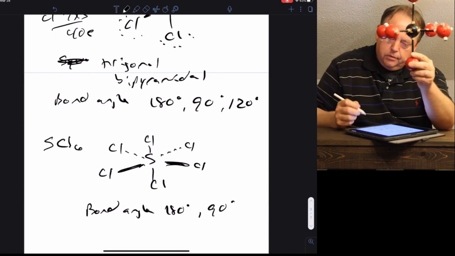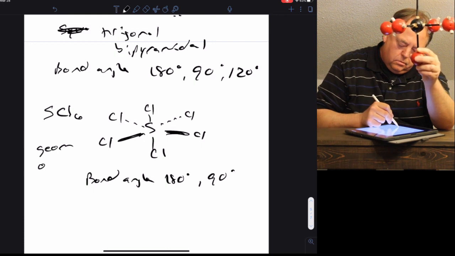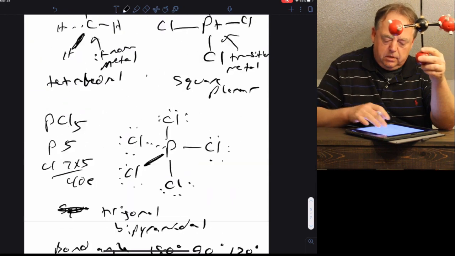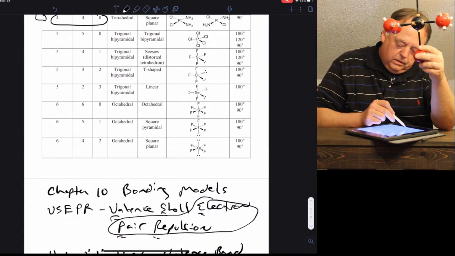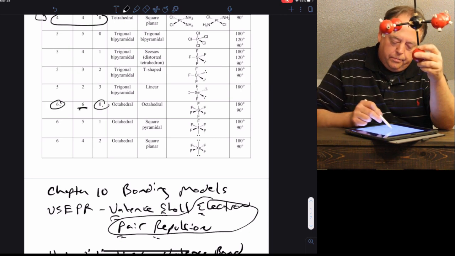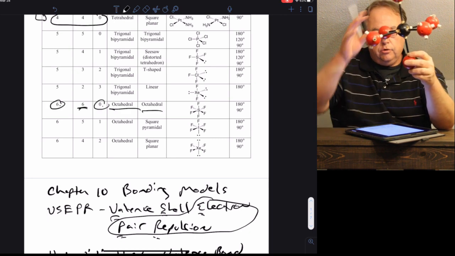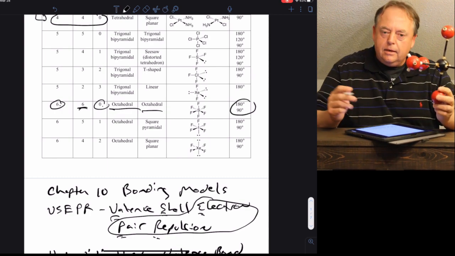So 2 different bond angles there. And that geometry is called octahedral. And again, you see that on the VSEPR table. If you have 6 things on the central atom and all 6 things are atoms and no lone pairs, then they're arranged octahedrally, and the geometry is called octahedral with 2 different bond angles.